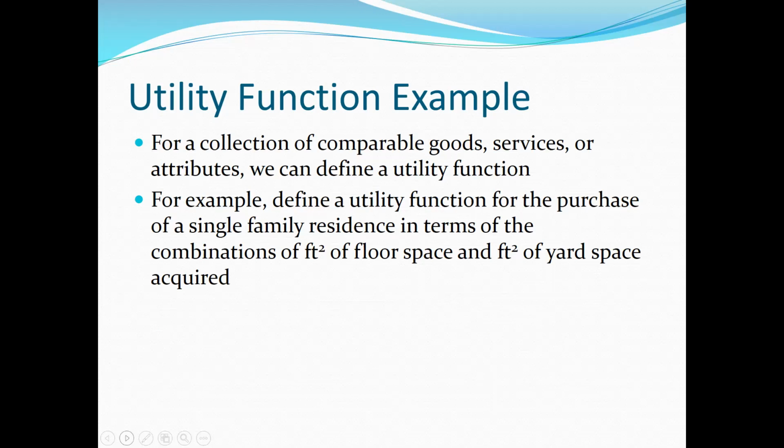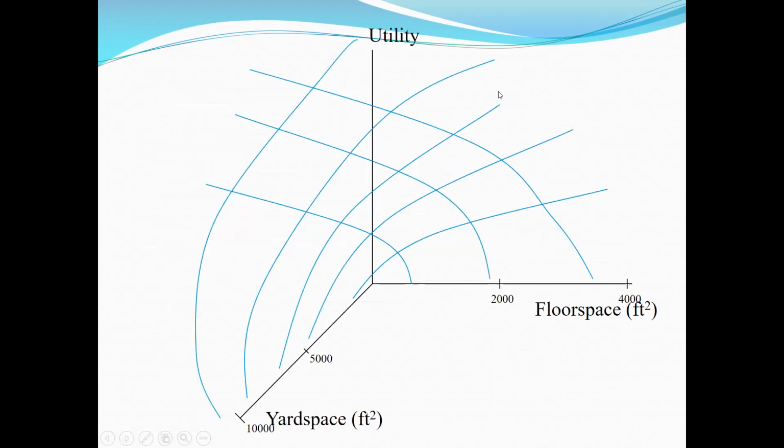So I'm only considering two attributes of the single family home: the floor space and the yard space. We'll define that two houses that sell for the same price have essentially the same utility. Let's look at this figure here. I'm measuring utility on the z-axis.